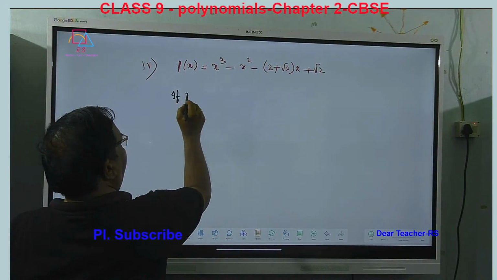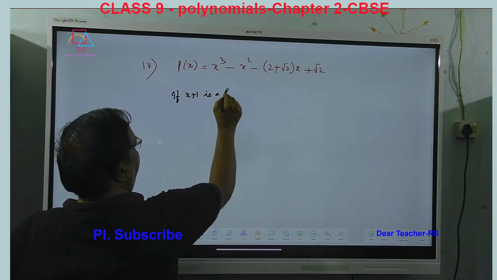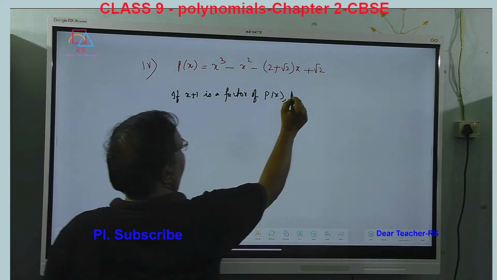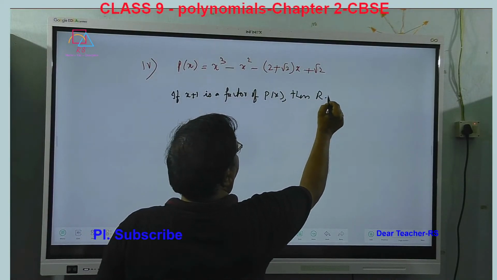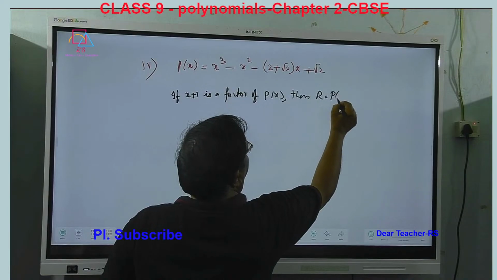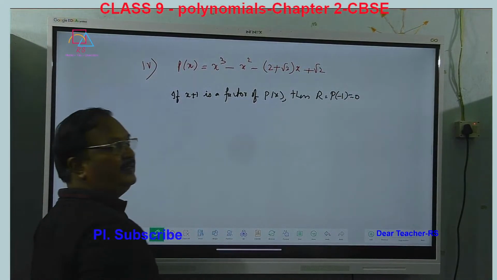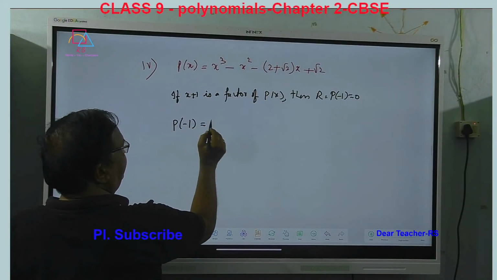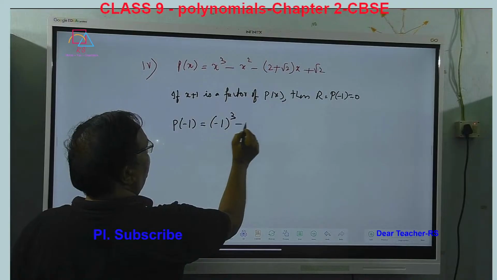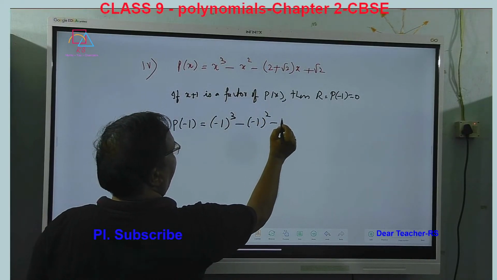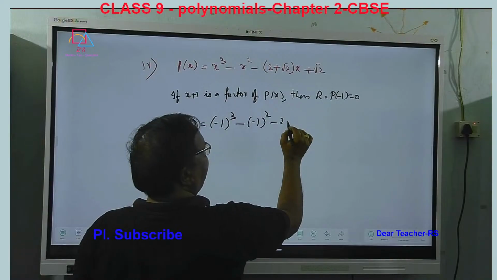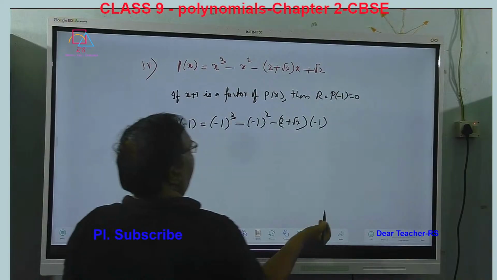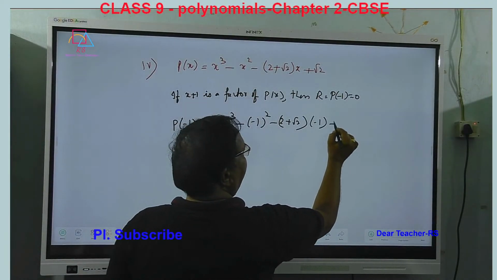If x plus 1 is a factor of P(x), then the remainder P(minus 1) is equal to 0. So you have to find P(minus 1). Therefore P(minus 1) is equal to minus 1 whole cube minus 1 whole square. All the remaining things you should write as it is. In the place of x, I should write minus 1. Because minus is there, you should always keep the brackets.